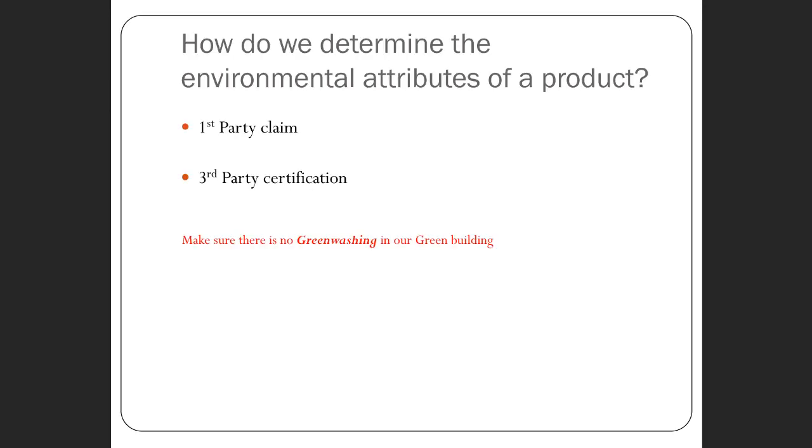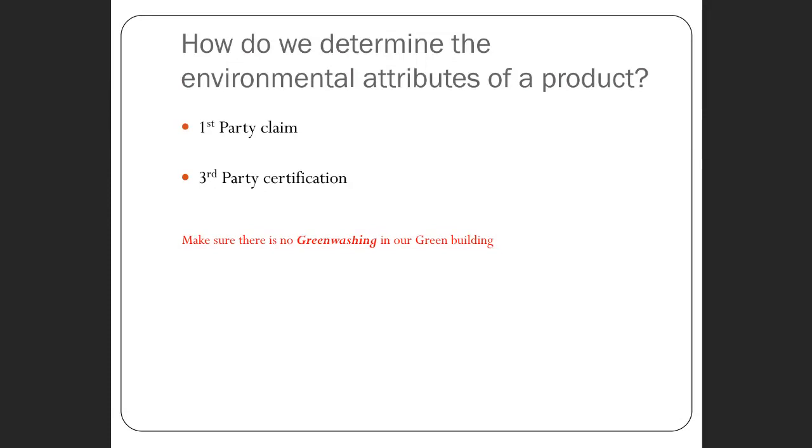So how do we go about figuring out the environmental attributes of a product? Well, we can do one or two things. We can rely on the claim that the manufacturer makes, or we can look for some third party that certifies the attributes of that product.